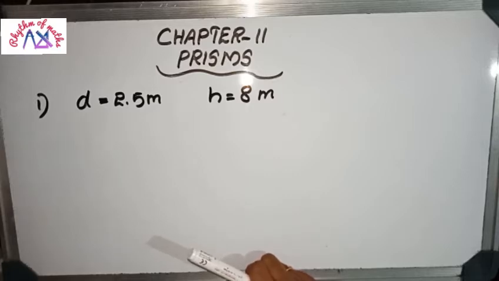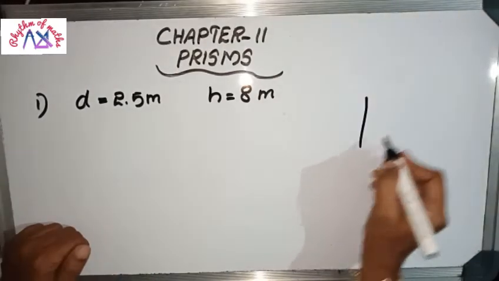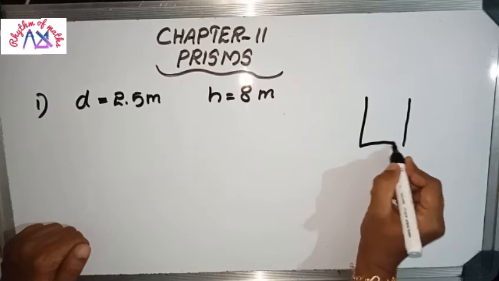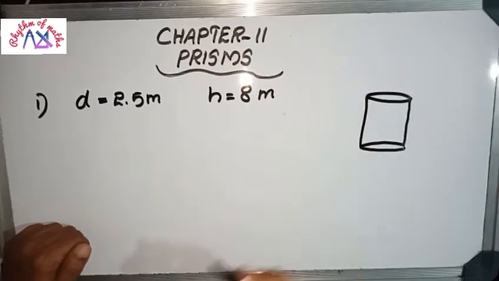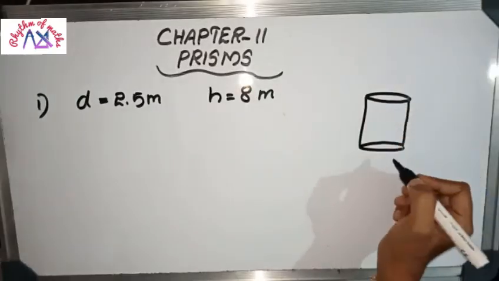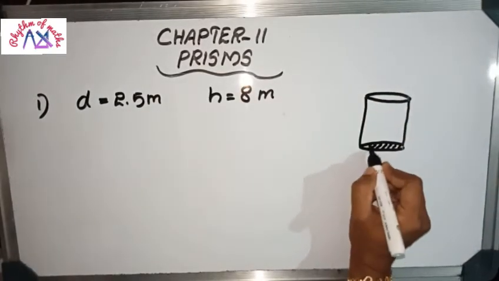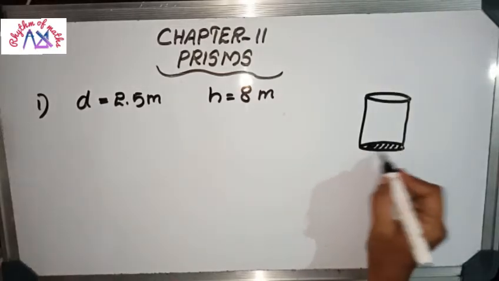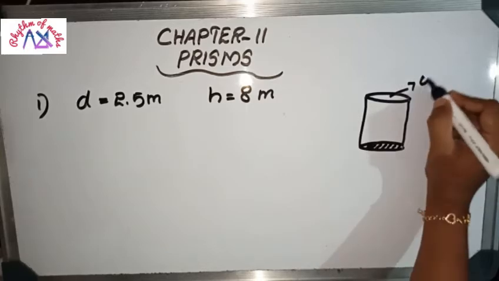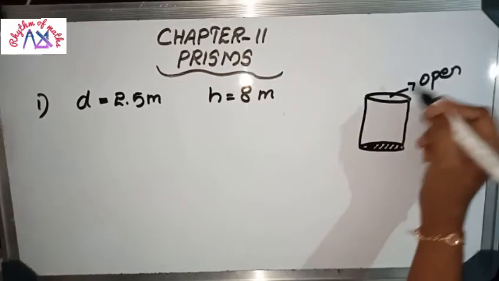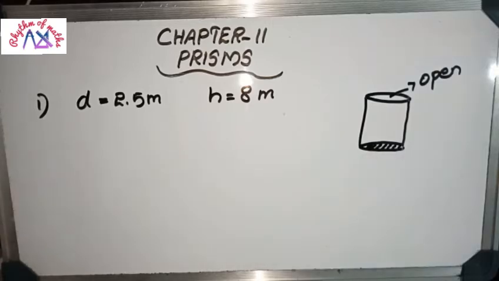So cost of cementing means, if this is a well, it is a shape of cylinder, we already know that. Now for this well, in this portion we have water. Now this is open space. For a well, the upper portion is open space and in the lower portion water will be there.